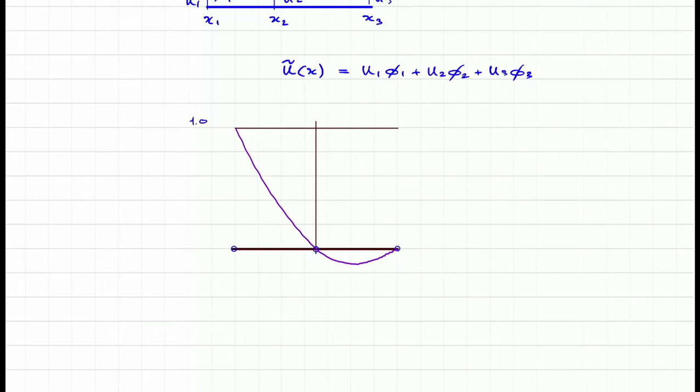Color, convert, cut, copy. Okay, delete it then. Number 2, and the last one, V3.